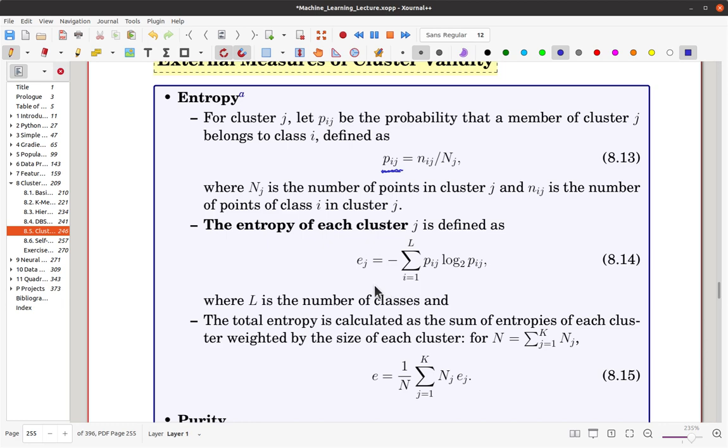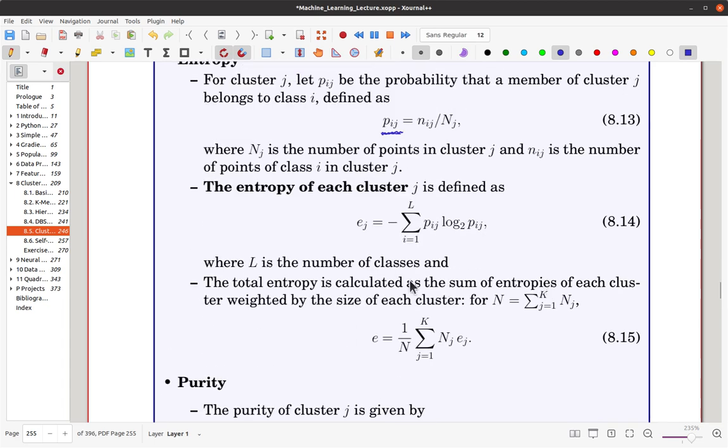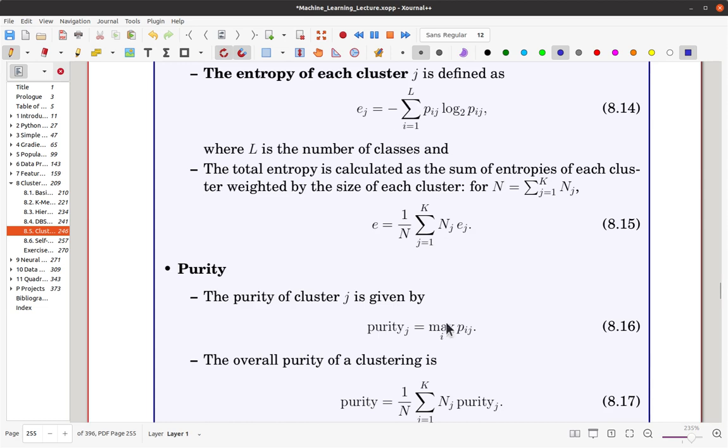Earlier, in section 5.4.1, we defined entropy, so it is a similar definition. Once this p_ij is combined in this way, if you use only the maximum value, then purity is defined.